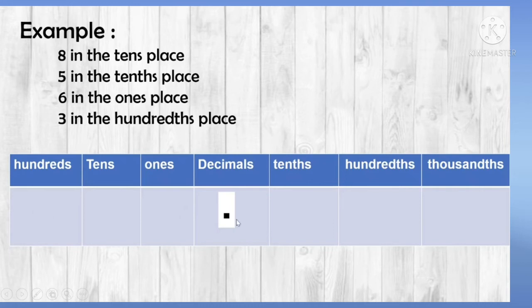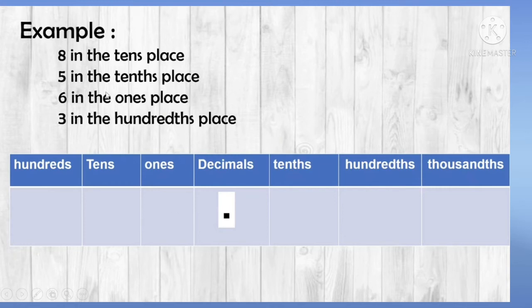And after the decimal, ito yung tenths, hundredths, thousandths. Tatandaan palagi, yung nasa right side ng decimal, yun yung tenths, yung may TH: hundredths and thousandths, after ng decimal. Okay? And yung before the decimal, those are the whole number.